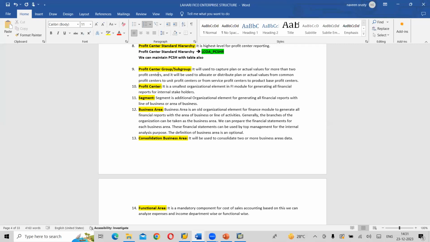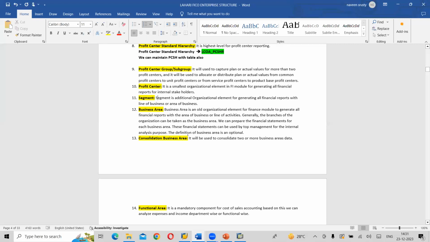So that's the reason we will have both. We will do entries on the business area part as well as the segment. Business area is nothing but branches. Segment is nothing but your different products. Here we are going to handle two products, one is cement and another one is steel. That is my segment. And branches we will see.